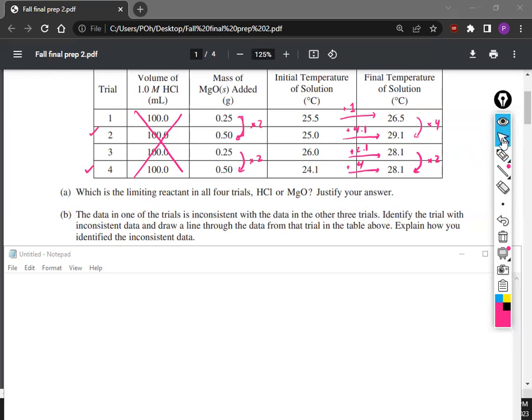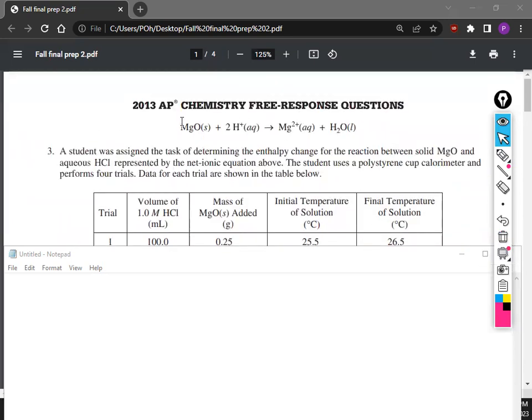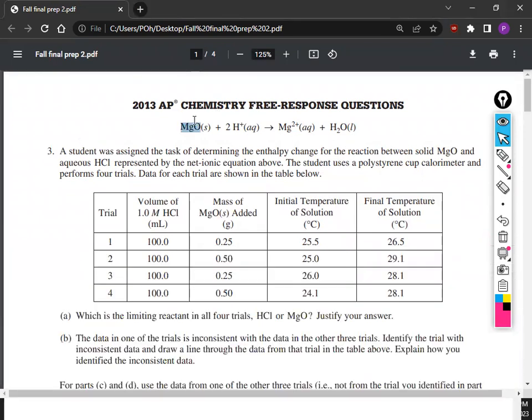So what we want to do now is take a look at the stoichiometry, because that is going to tell us how it's going to work. If you have 1 mole of MgO, if you take a look at the products, what's the relationship between them? 1 mole of MgO produces how many moles of this product? 1. How many moles of this?